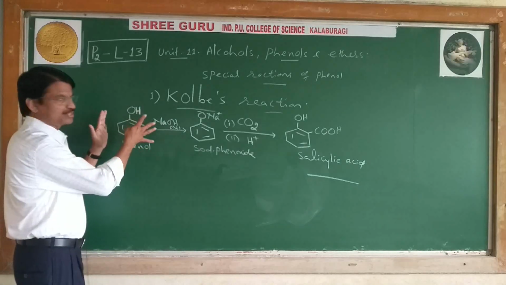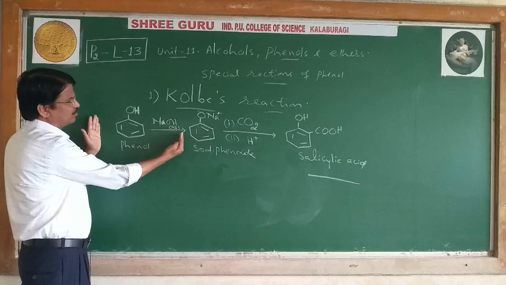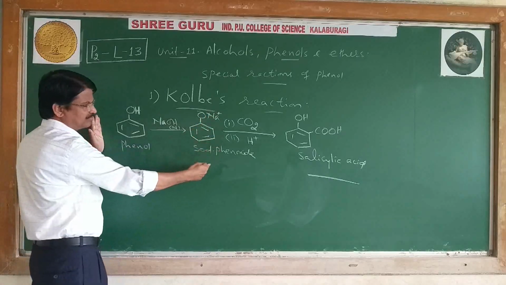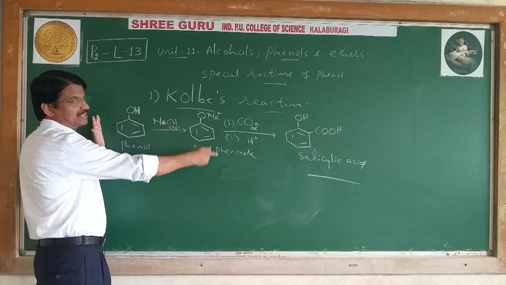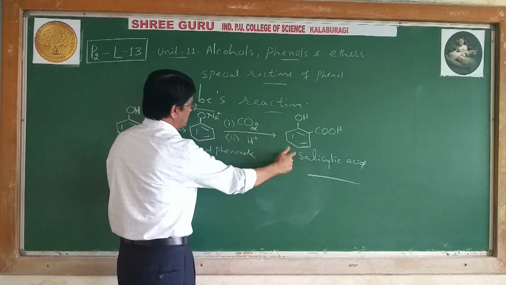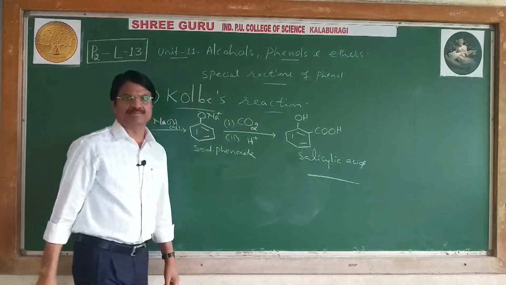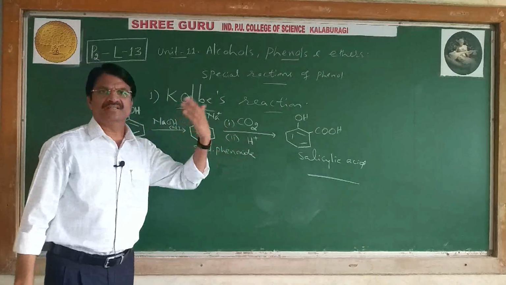Very simple. See here, first we take the molecule phenol and make it react with sodium hydroxide. Up to this, we already studied the acidic nature of phenol. This part you know, but conversion of sodium phenate into salicylic acid occurs by passing CO2 gas followed by acidification.